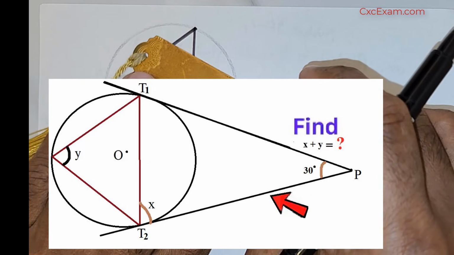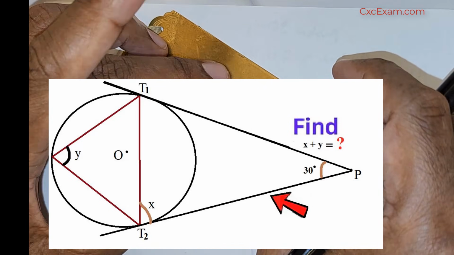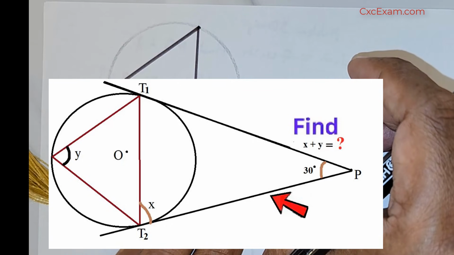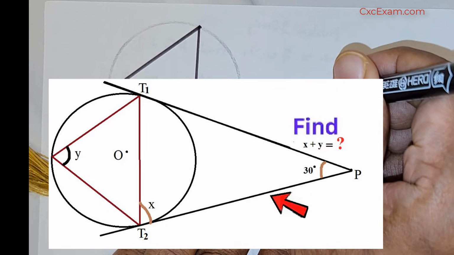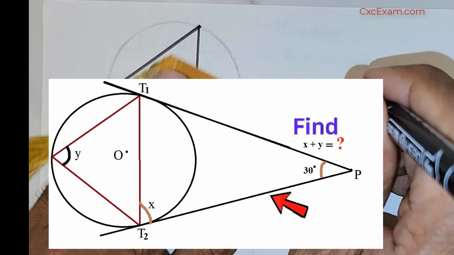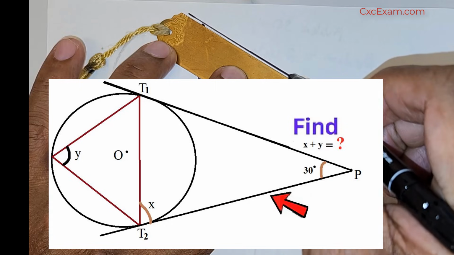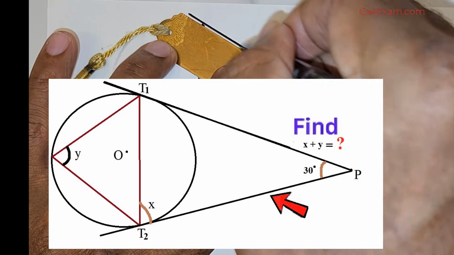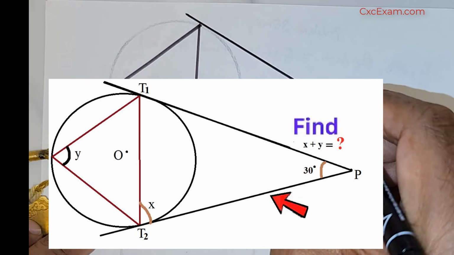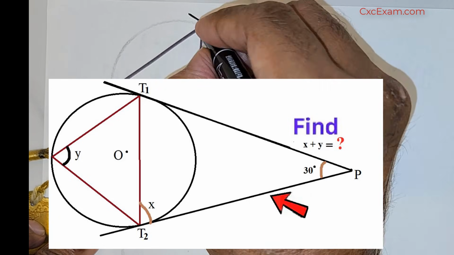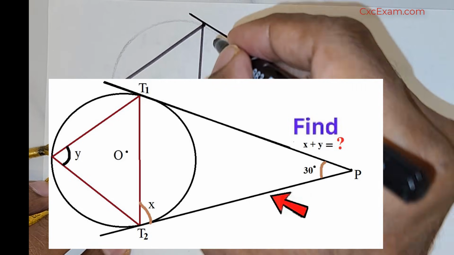Now there is also another tangent, and so we have a point of contact of the two tangents.